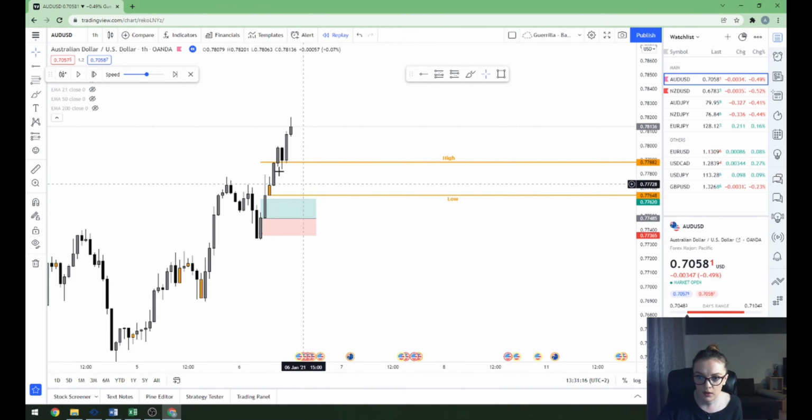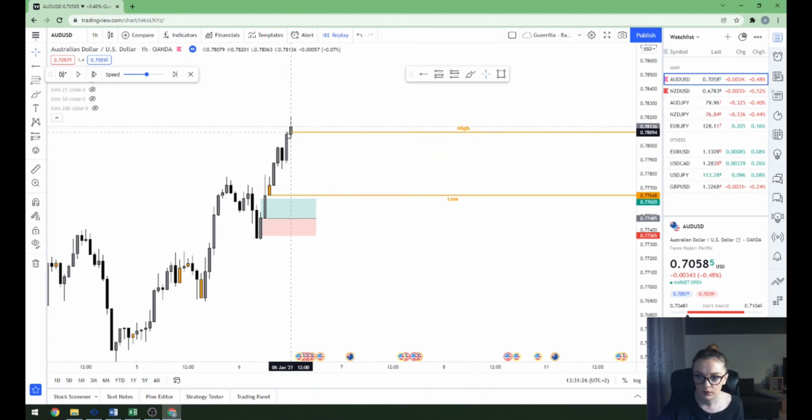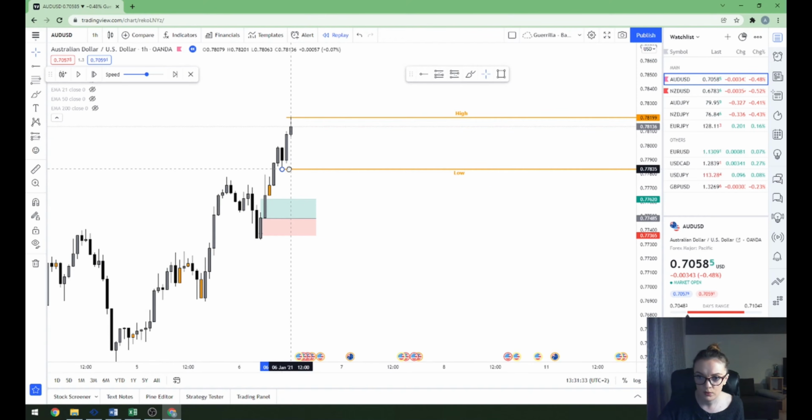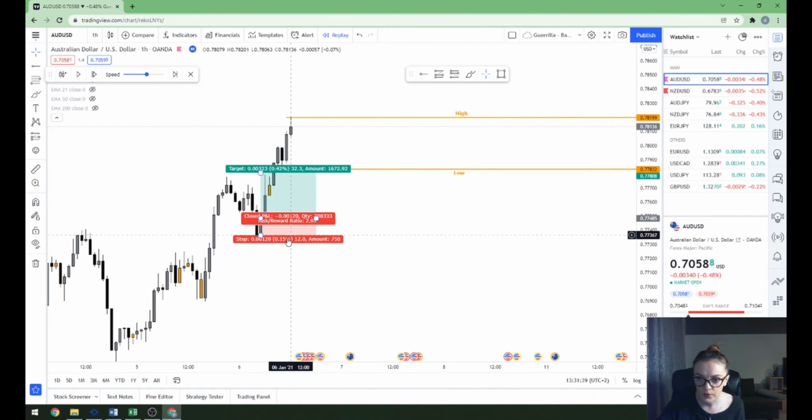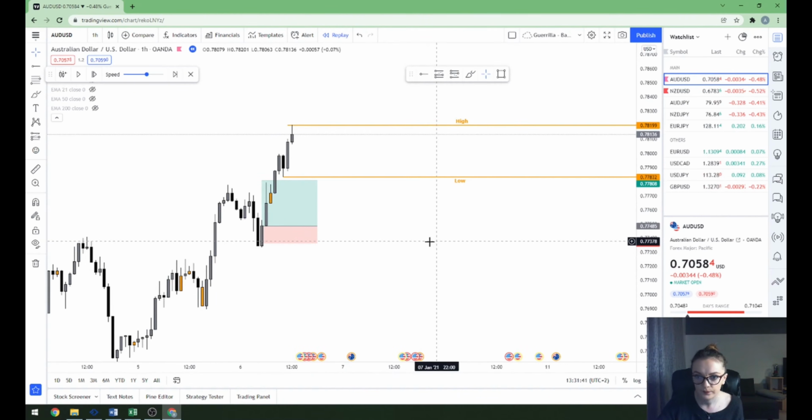Okay, so here we've got a counter trend, a candle that has a high that is lower than the previous candle's high. So after the break of this high, now our high will be here. Our low will be right here, and we will put our stop loss 20 points below this candle.